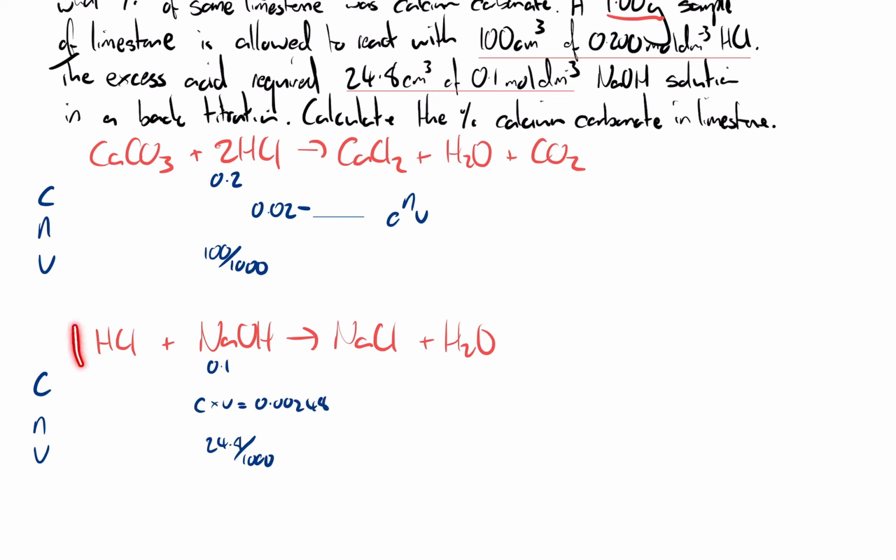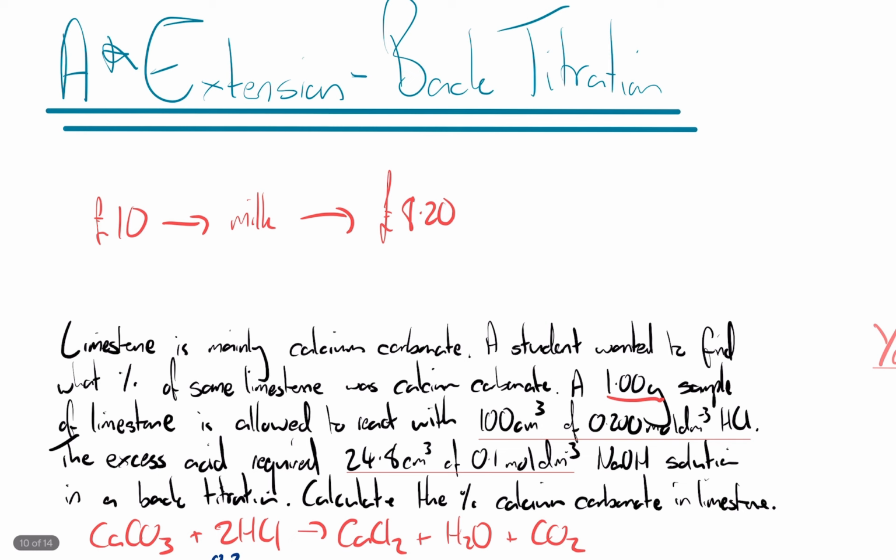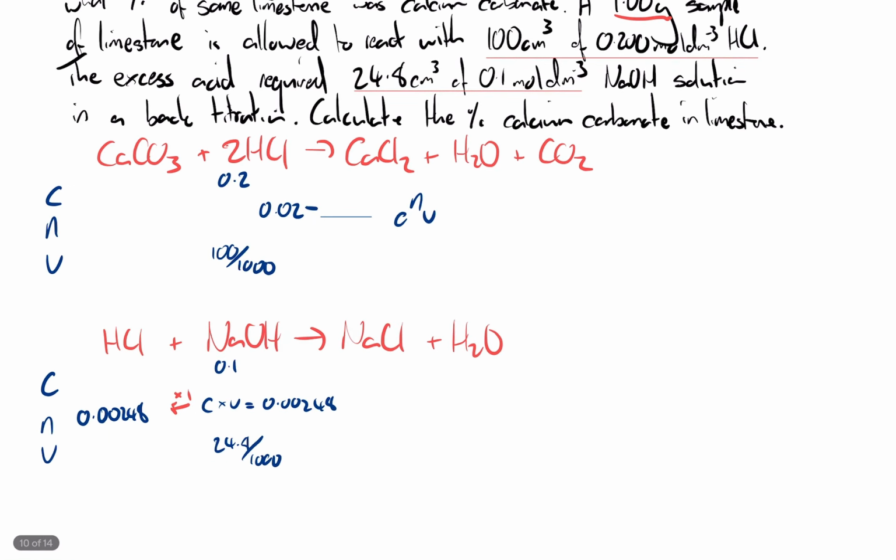We've got a 1-to-1 molar ratio, so we times by 1 to work out our moles here. So we've got the same number. This is our change. This is what we have left over of the HCl. So in our analogy, this is our £8.20.